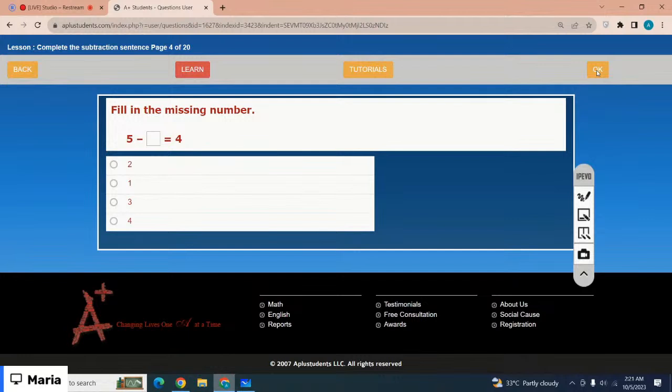Which is the correct option? The correct option is 5 take away 1 equals 4.